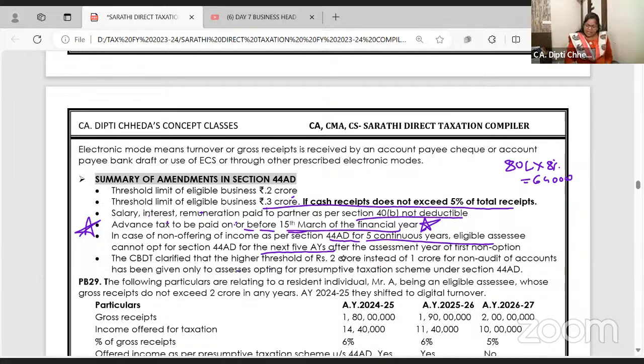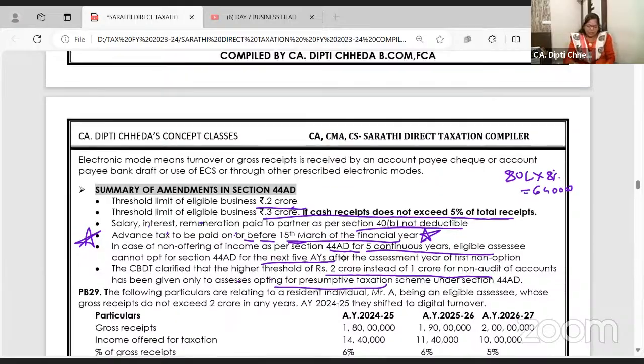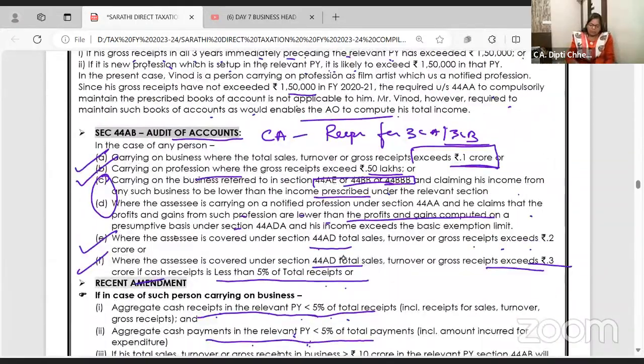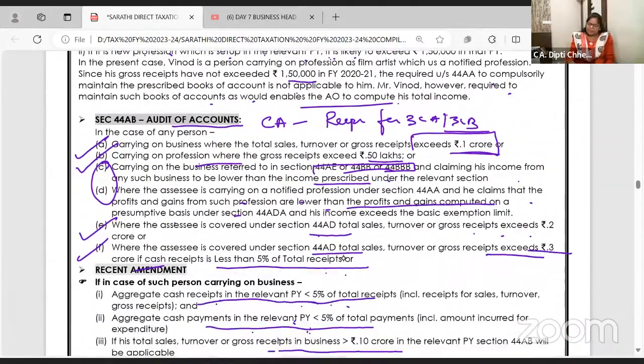CBDT clarified that the higher threshold limit of 2 crore instead of 1 crore for non-audit of books is given only for presumptive taxation. Your turnover is 2 crore. Ma'am, I don't want to file my return as per presumptive taxation. Then above 1 crore only you have to get your books audited. I want to repeat, I jumped from 44AB.